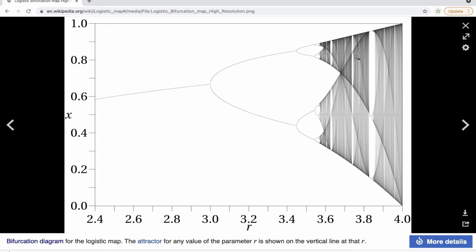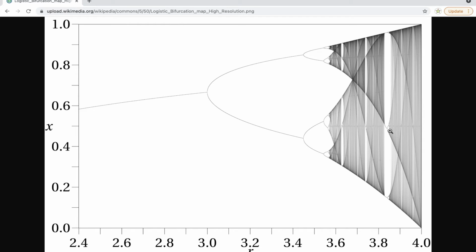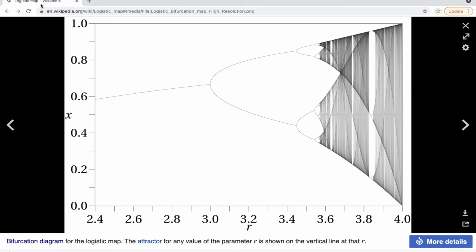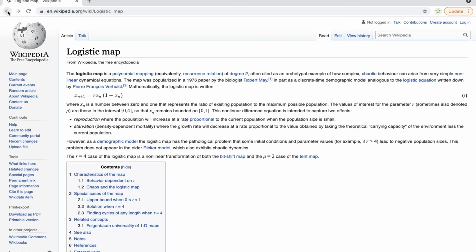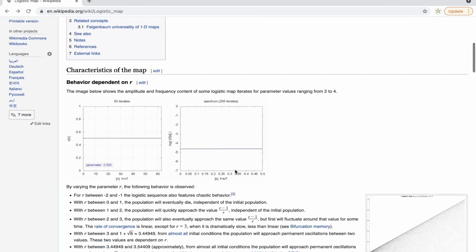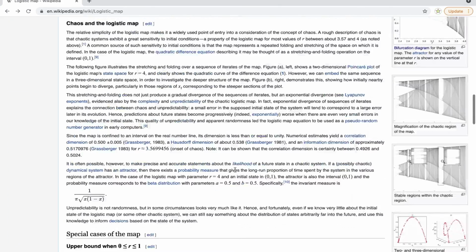They're not evident here, but where I have the magnifying glass, it looks like this over here. It's like areas of what they call pseudo stability. So that's where, even in the chaotic realm, the function begins to stabilize.